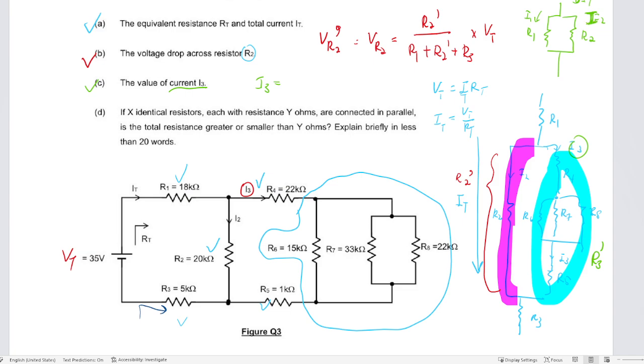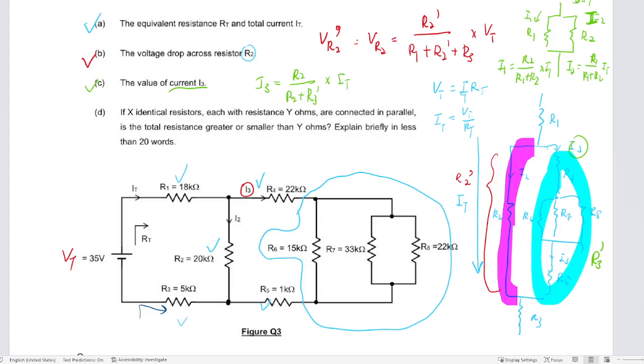I1 will be R2 over R1 plus R2 times I total. I2 will be R1 over R1 plus R2 times I total. So for this case, for I3, the opposite branch will be R2 over R2 plus R3 prime, times the I total that you found earlier.